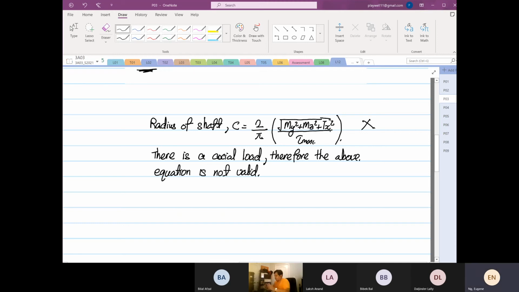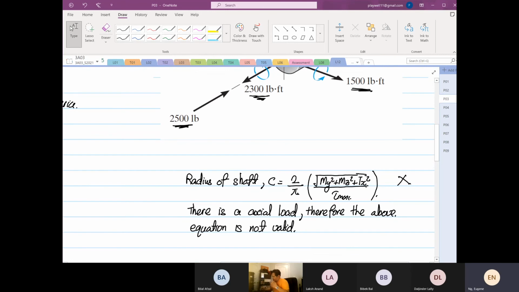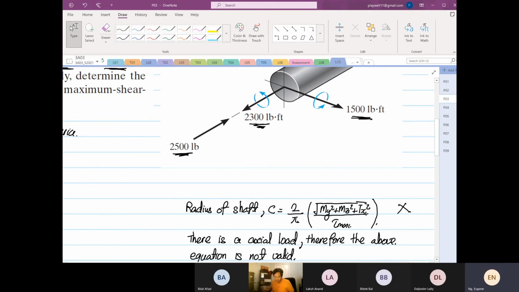So you cannot use this equation, right? When we do our shaft design, we assume that there's no axial load. But for this case, we have 2,500 pounds. So that's why we cannot use that.